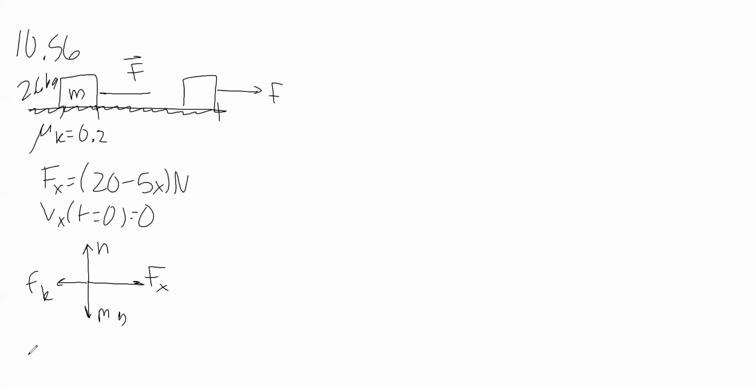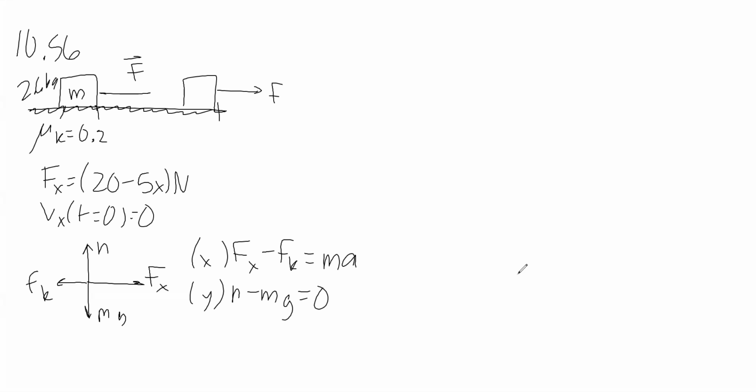If you try to sum the forces, in the y direction we just get N minus mg equals 0. In the x direction, we get F sub x minus F sub k equals mass times acceleration, right? But this force is variable.